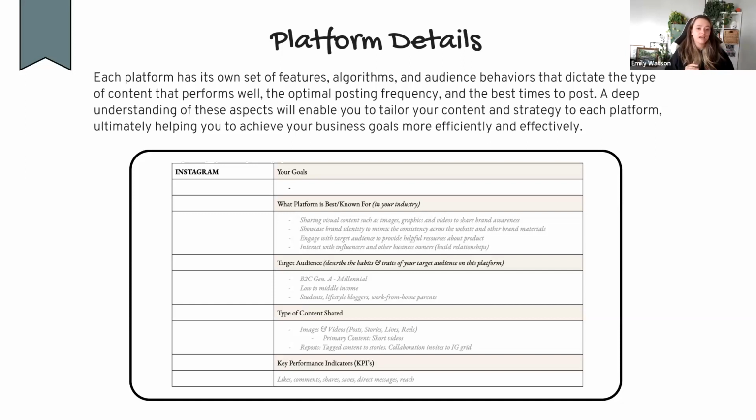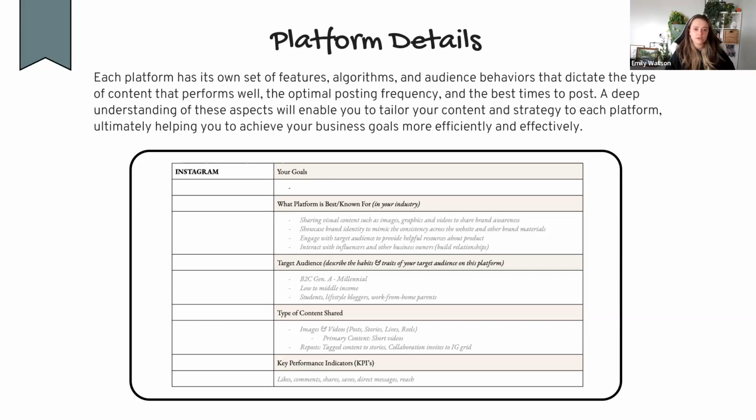Each platform has its own set of features, algorithms, and audience behaviors that dictate the type of content that performs well, the optimal posting frequency, and the best time to post. A deep understanding of these aspects will enable you to tailor your content and strategy to each platform, ultimately helping you to achieve your business goals more efficiently and effectively.